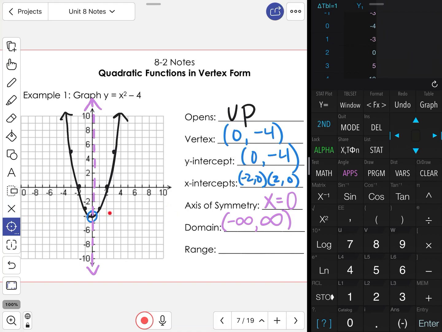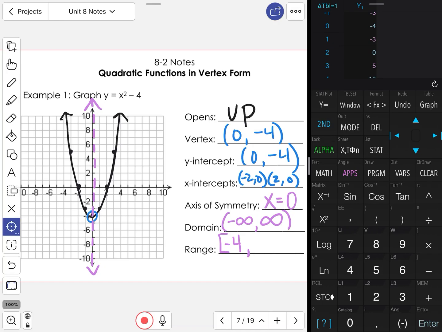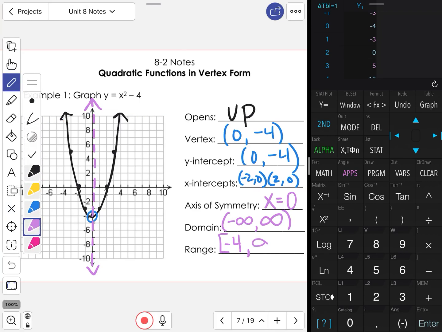So if I were to drag a horizontal line across my graph, the first time I start to touch is down here at -4. And I am at a point on -4, so I'm going to use a bracket. Okay, then when I keep going, I finish at the top touching 2 arrows, which mean I'm going to positive infinity forever and ever, and I have to use a parentheses.